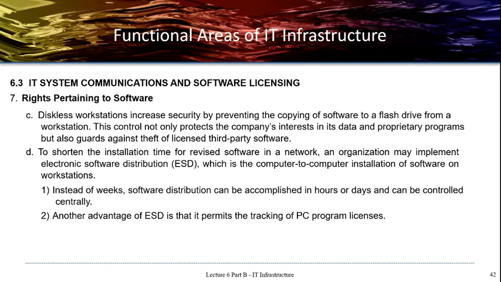If you have an electronic software distribution system implemented, then you can push that software to other machines. Especially in a bank, so many machines are there. If you have a new office suite and want to copy it to 500 machines, then you can do that. Another advantage of electronic software distribution is that it permits the tracking of PC program licenses. So you can remotely track all the licenses in the network.